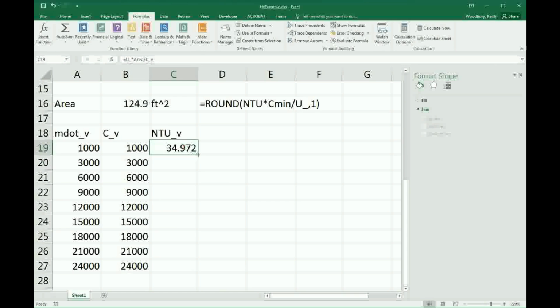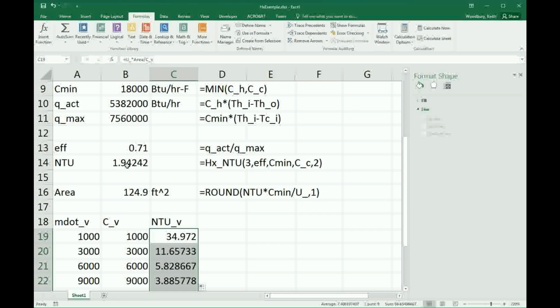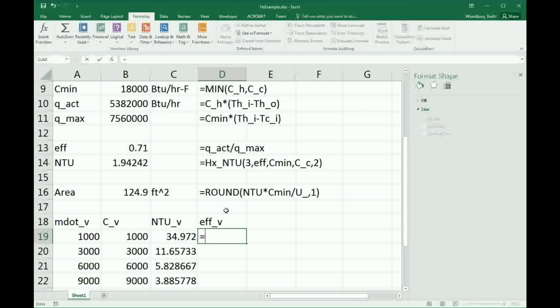And so these are the values of the NTU that are required for these parameters with U, A, and C min. And so now for each one of these, we want to invert this and use that NTU to calculate the corresponding effectiveness. So to do that, we're going to make use of the add-in equations again.